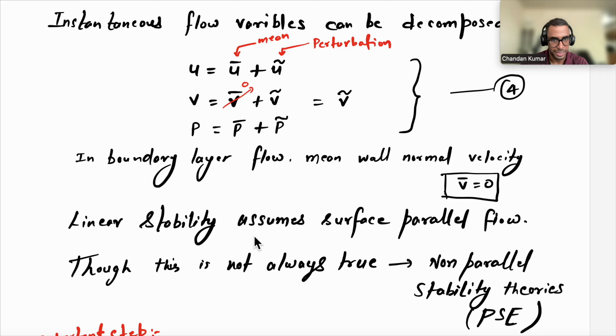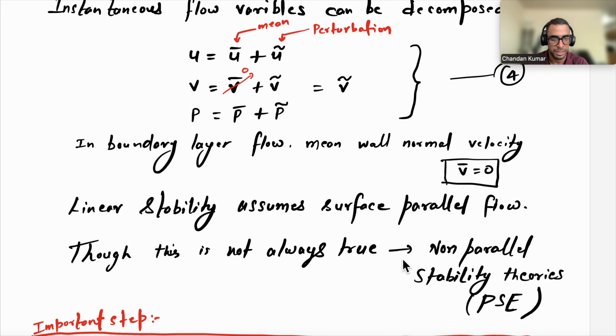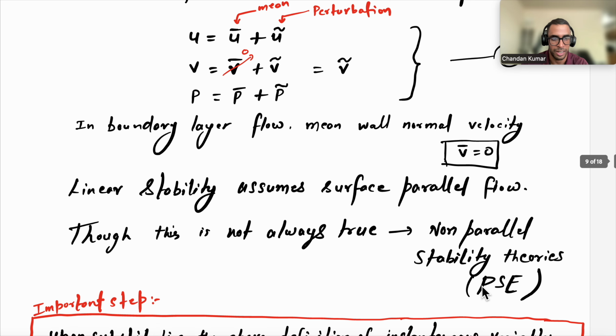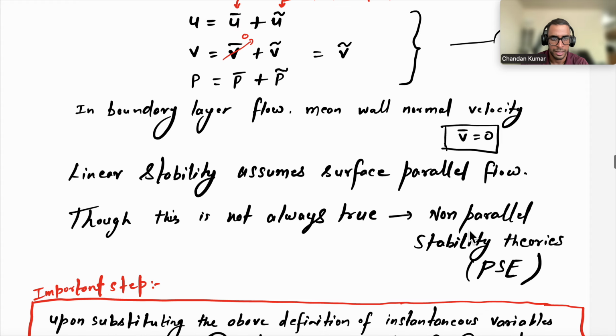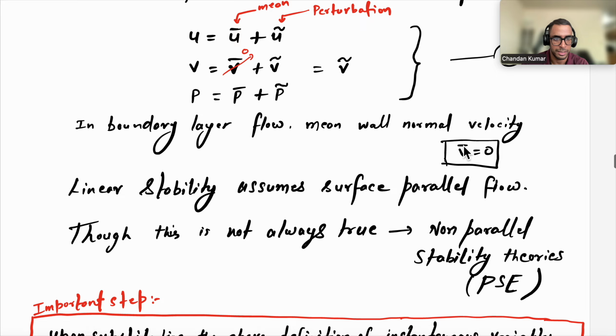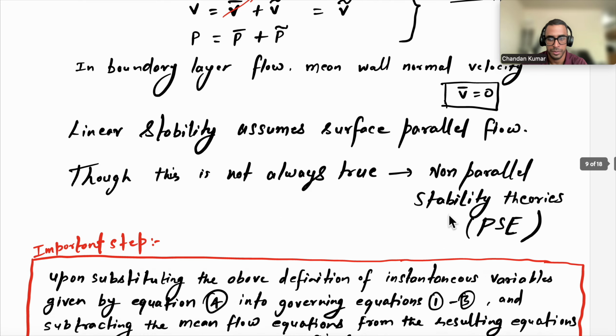Though this is not always the case, where the flow is always parallel to the surface, when we have some curvature shaped body where we have the wall normal velocity component, for accommodating that non-parallel flow we have different theories. That is non-parallel stability theory, non-parallel PSE, that accounts for the wall normal velocity as non-zero.